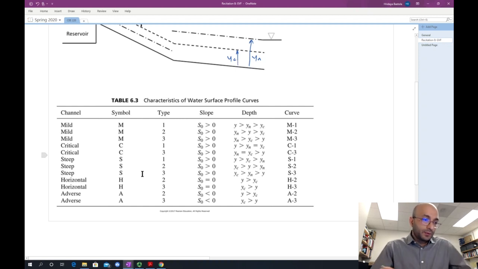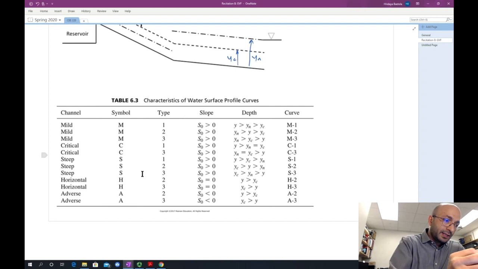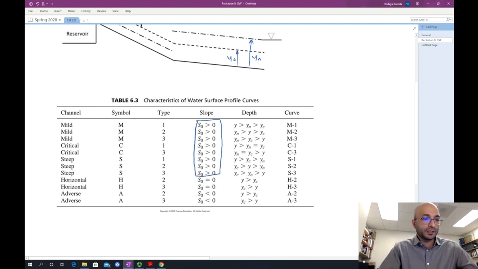And here you'll notice for mild, critical, and steep channels, the slope is greater than 0. So all the channels are sloping downhill. If the channel bottom is horizontal, then it's a horizontal channel.